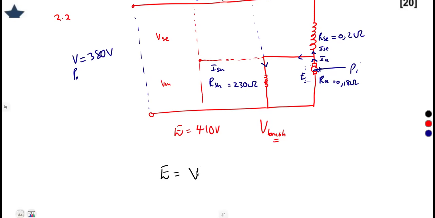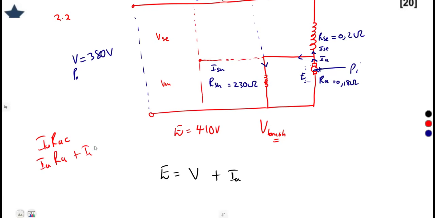So it's going to be the terminal voltage, then you add the armature current times the resistance of the armature circuit, where the armature current flows. That is where you're going to have the armature current times the resistance of the armature.